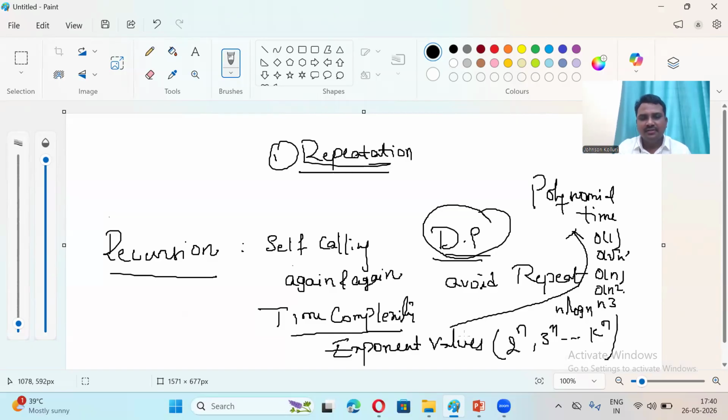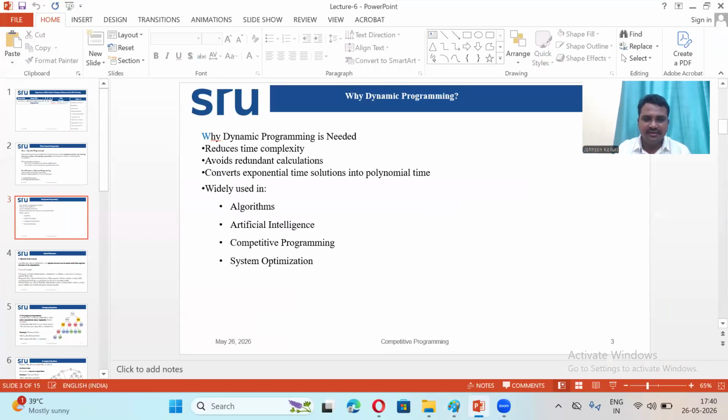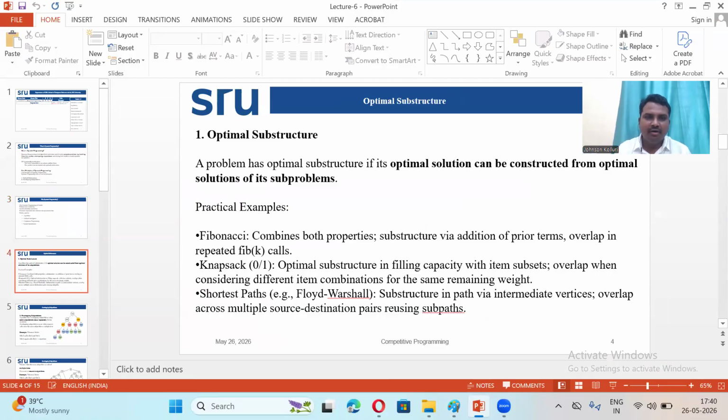Okay, then the next one is optimal substructure. A problem has optimal substructure if its optimal solution can be constructed from optimal solutions of its subproblems. From those subproblems, we find the optimal solutions.